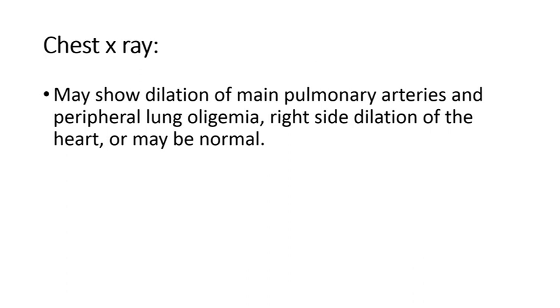In the last chest X-ray, we can see also that the heart is enlarged with a right-sided dilation configuration. This means that the right atrium and right ventricle are both dilated. And as we said, the chest X-ray may even be normal.